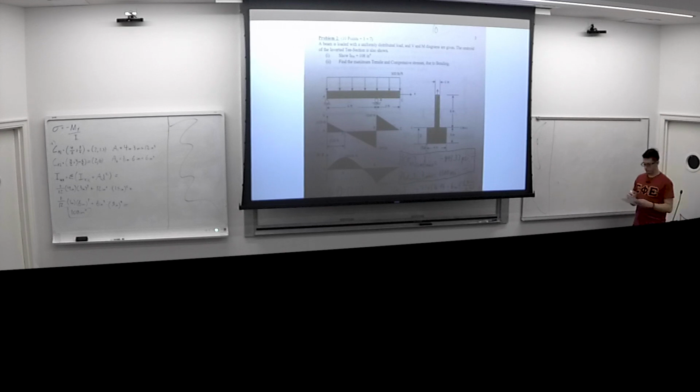So for the M value in that My over I, one of 2 things can happen. Your moment can be positive, or your moment can be negative. At any point across a beam or a shape or whatever fixture you're dealing with, your moment will be positive or negative.